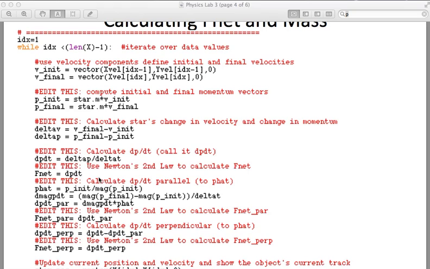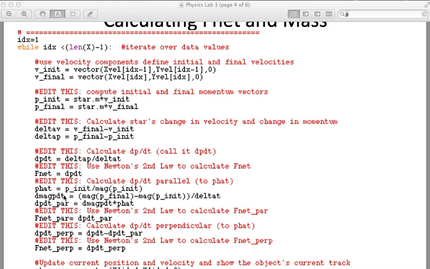Since we're using the assumption of Newton's second law that F net is equal to dp/dt, we have now found the F net. From here we find the dp/dt parallel and dp/dt perpendicular, which will give us the F net parallel and F net perpendicular.